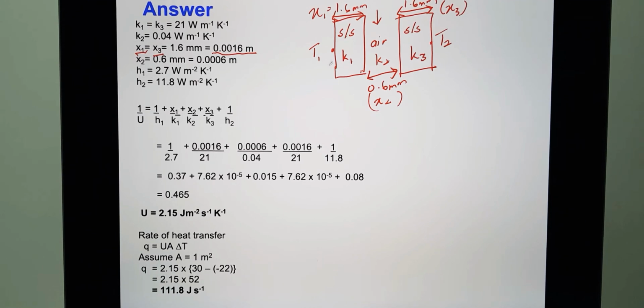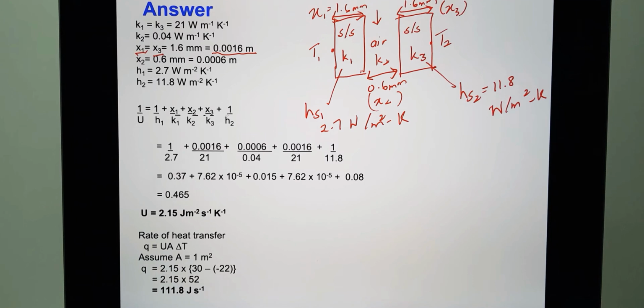Alright, at one side, for material 1, the HS1 is 2.7 watt per meter square Kelvin. And for the other side, this one is HS2, 11.8 watt per meter square Kelvin.